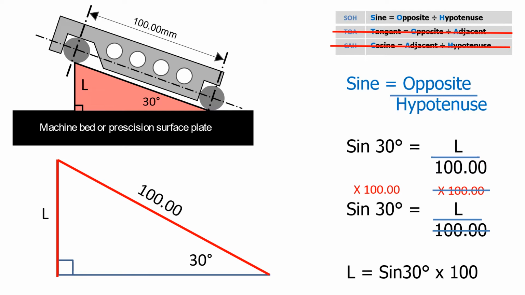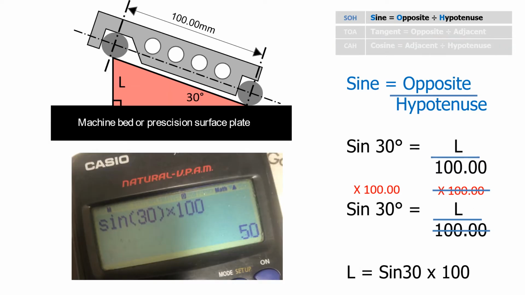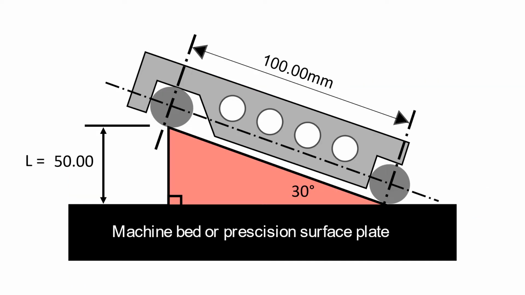Therefore, L equals sine 30 degrees times 100. Sine 30 times 100 in my calculator equals 50. I will need to position the left-hand side of the sine bar up 50 millimeters to get my 30-degree angle.